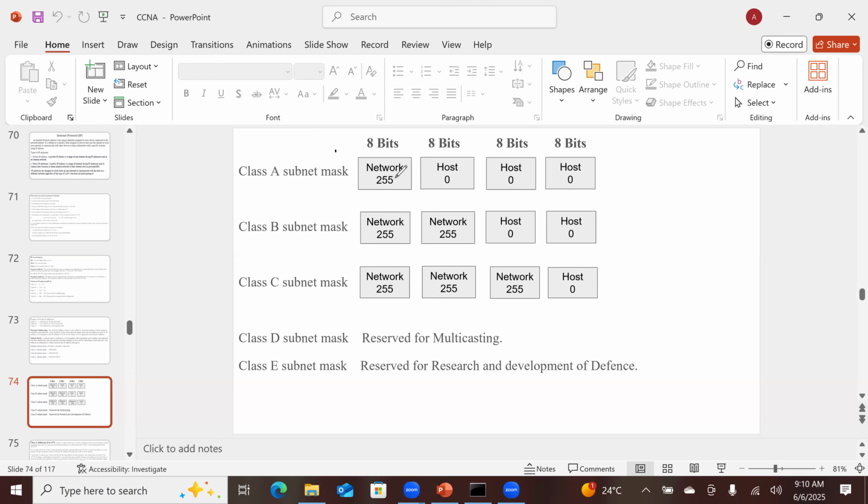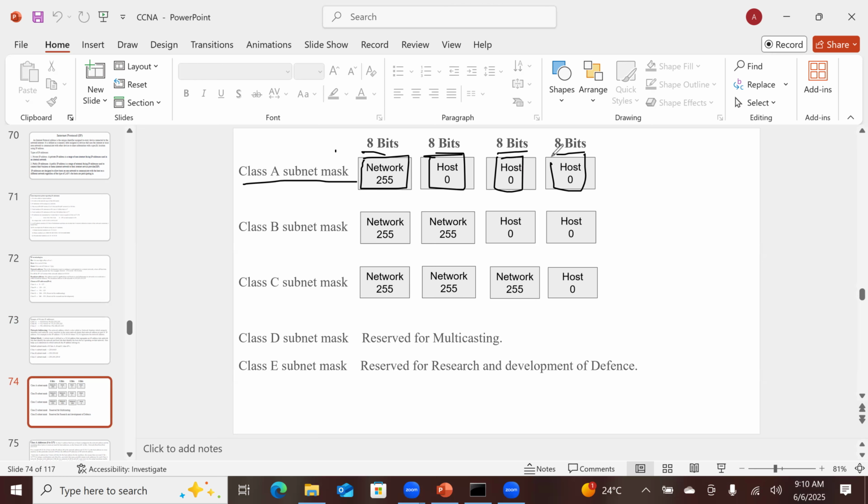Okay, you can see here the same thing. I just try to give it an image here. Class A subnet mask. I hope you already know that this subnet mask also has 32-bit numbers. So 8-bit, 8-bit, 8-bit, 8-bit. Again, 4 octets. The first octet belongs to network and the remaining all belong to host.